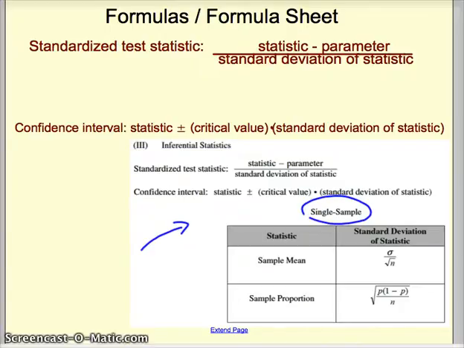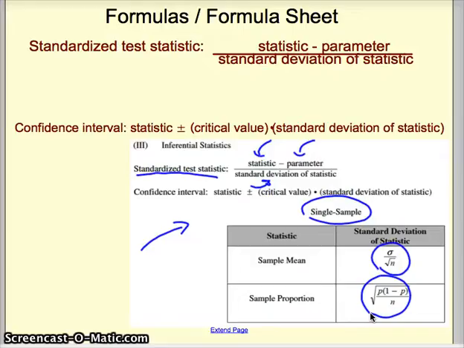So we have a standardized test statistic that's T or Z, and the formula sheet doesn't tell us whether it's T or Z. It just tells us that we're going to take a statistic minus a parameter divided by the standard deviation of the statistic. It does give us some guidance down here about what those standard deviations look like for means and proportions, but you still need to be careful about how you go about the work.